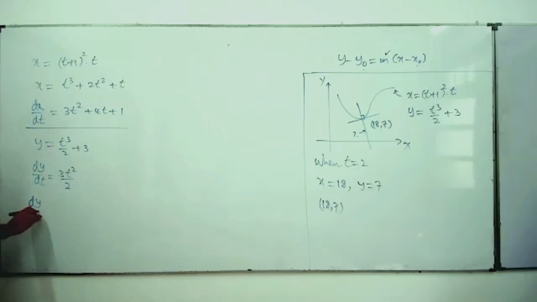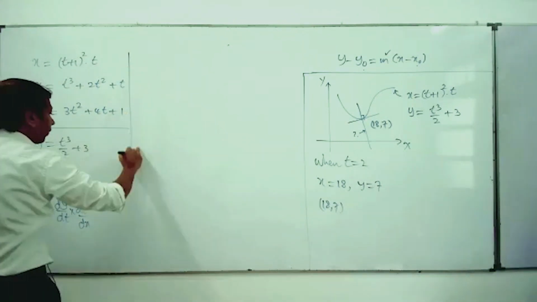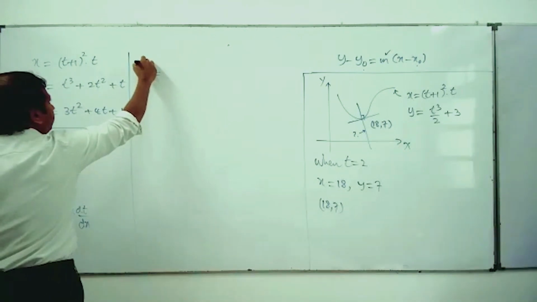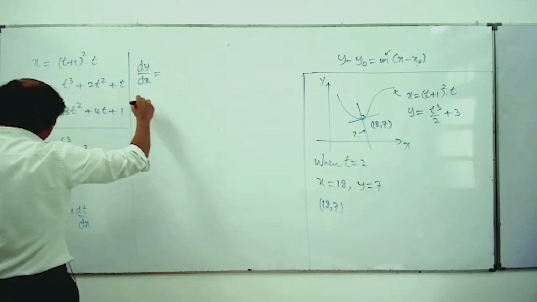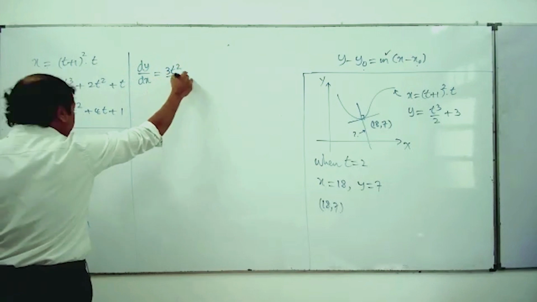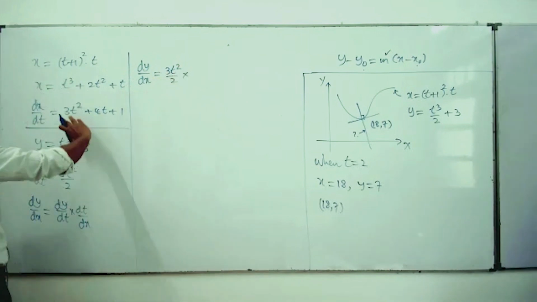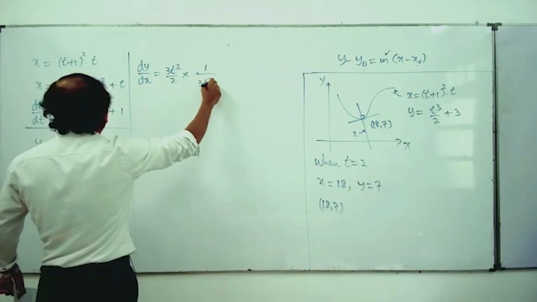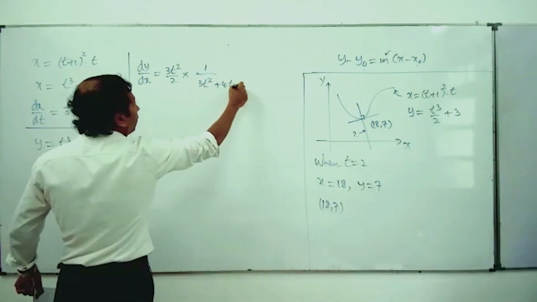dy by dx is dy by dt multiplied by dt by dx. So dy by dx is equal to dy by dt, which is 3t squared by 2, multiplied by dt by dx, the reciprocal of this: 1 upon 3t squared plus 4t plus 1.